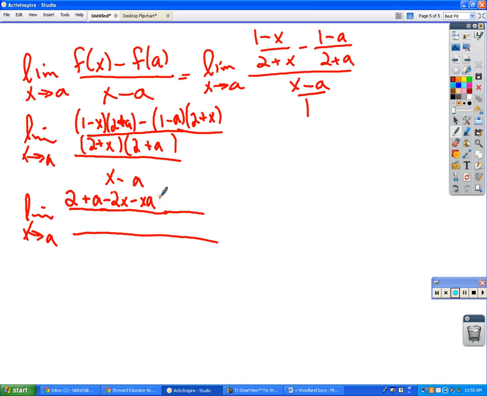Minus, okay, and remember that this negative sign is going to carry through to all of the terms that we're about to get, so I'm going to keep those in parentheses, okay? 2 plus x minus 2a minus ax, okay? And that's sort of a joy to the world moment because there's a lot of things that are going to cancel.